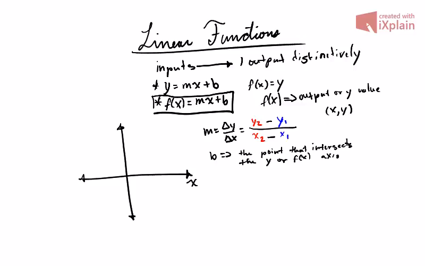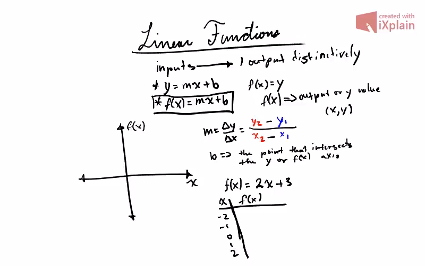So if we've got some x-axis and the function of x axis, which is the same thing as y, let's say I've got f of x equals 2 times x plus 3. Now you can create a table of values and figure out what they're going to be. So x, f of x. Let's just do -2, -1, 0, 1, and 2.